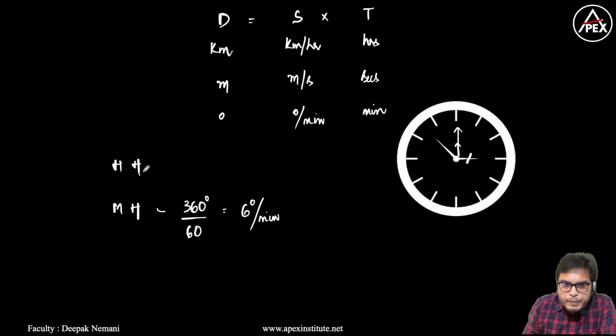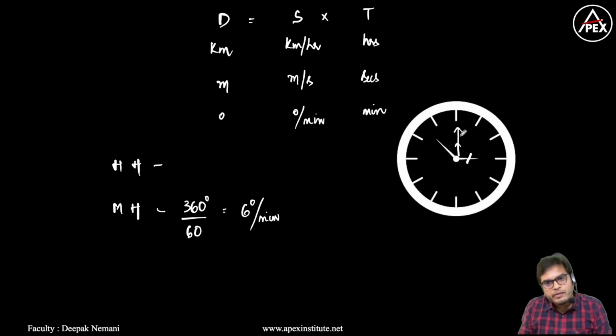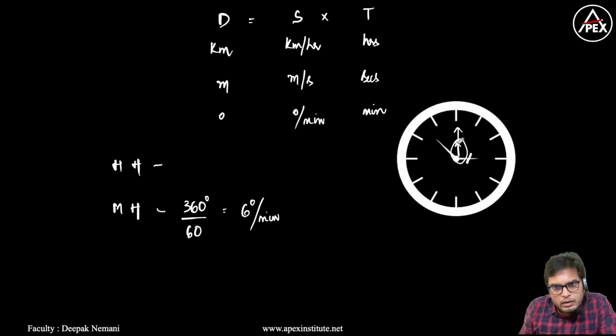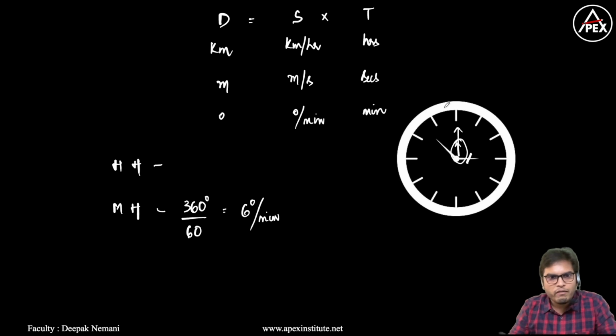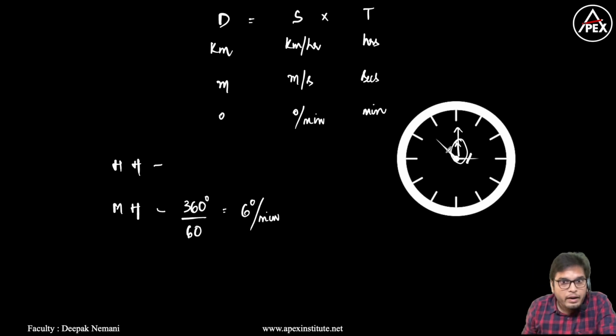Now coming to speed of hour hand. Let us consider the earlier scenario when both the hands are exactly at 12. Now when will this shorter hand, the hour hand, be at 12 again? After 12 hours. If this hand is exactly coinciding with 12 at 12 a.m., it will be again coinciding with 12 at 12 p.m. That means after 12 hours, this hour hand will be traveling a distance of 360 degrees.